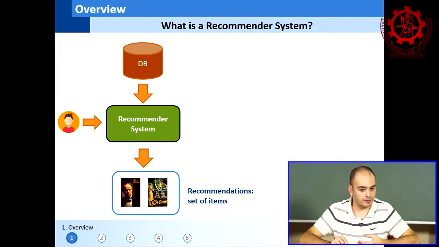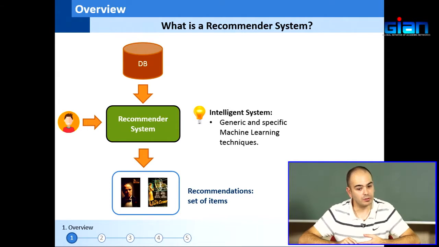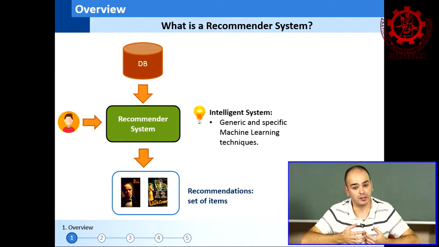This recommender system is indeed an intelligent system, so when we develop recommender systems we usually use techniques like machine learning. Indeed, as recommender systems have developed, many specific techniques have also been developed from machine learning.